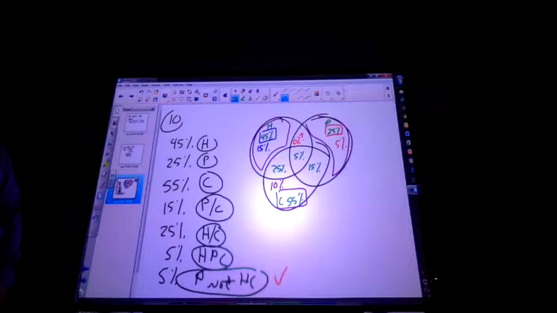What are we adding though? 45, 25, and 55. That's going to be bigger than 100% though. Are we adding 15, 10, and 5? What if we did that?